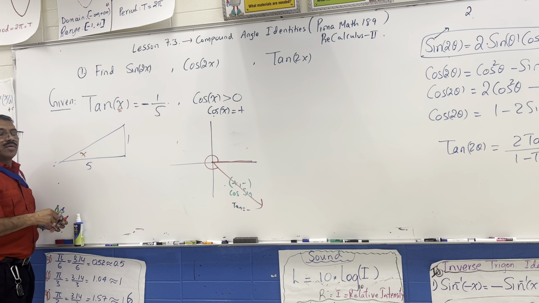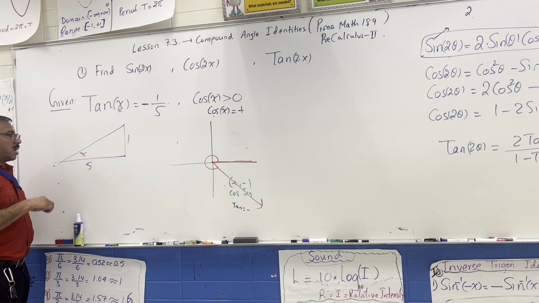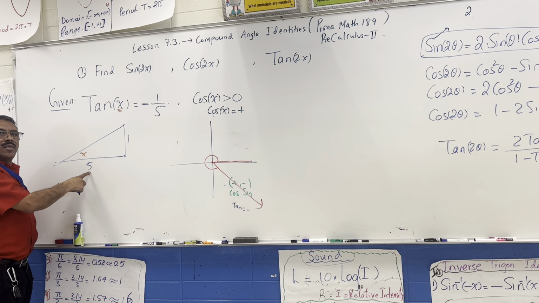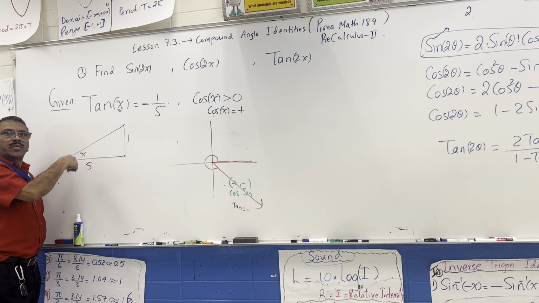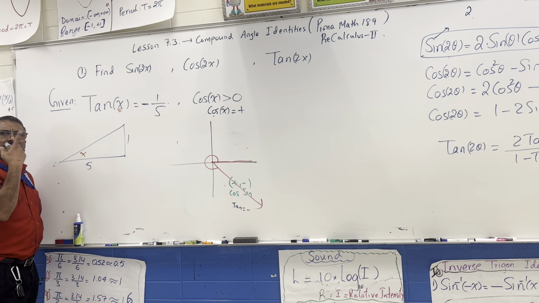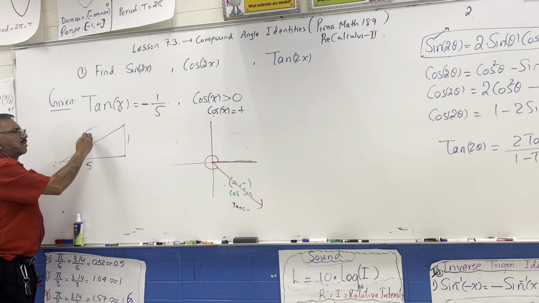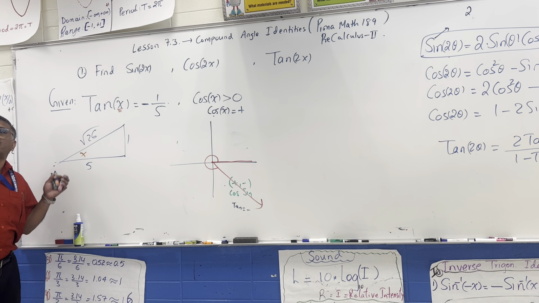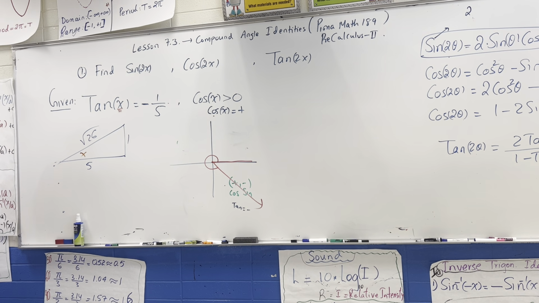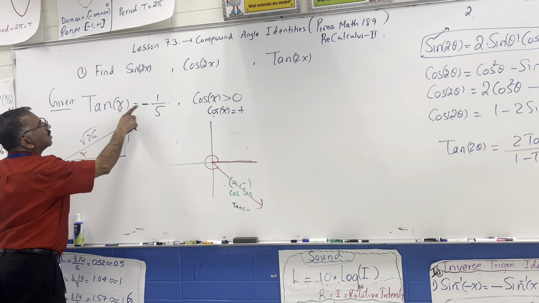So we have to do some work. Unless mentally you can do 5 squared is 25 and 1 squared is 1, 25 and 1 is 26, mentally you can directly write it, correct? Yeah, you don't have to show the step, you just write it. So the tan is this.